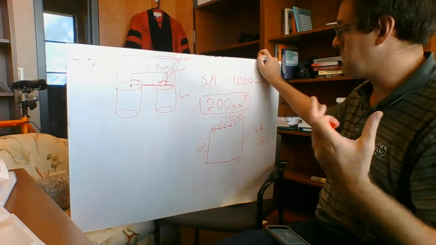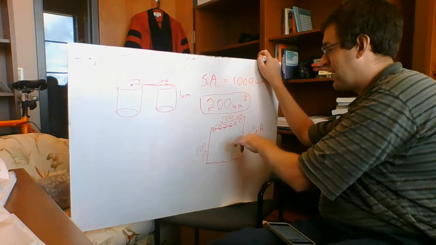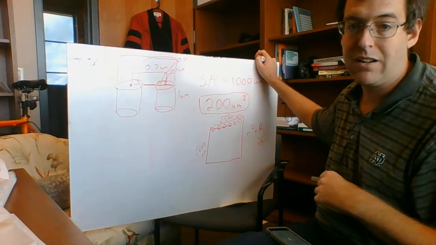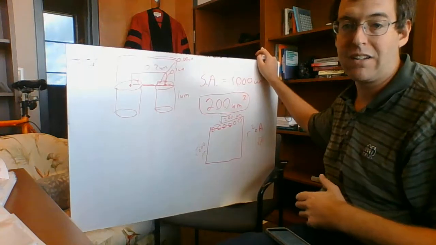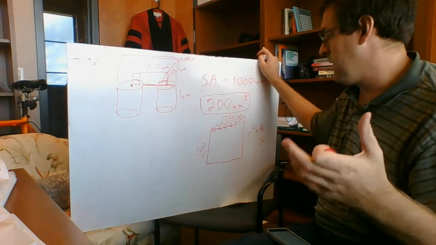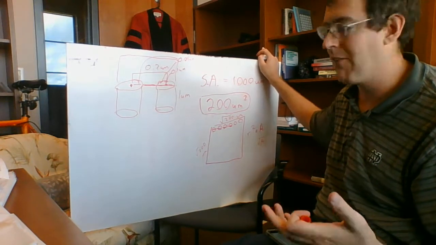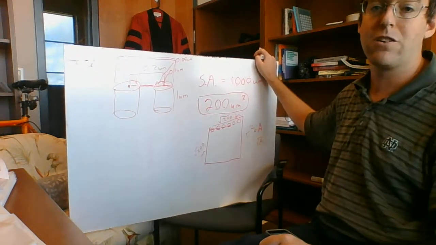So it's up to you now to figure out how many of these microvilli can fit into this square root of 200 micrometer side. Likewise, it'll end up being the same number of microvilli going down, so you can square that number, and now we have the total number of microvilli that are going to be on this patch.